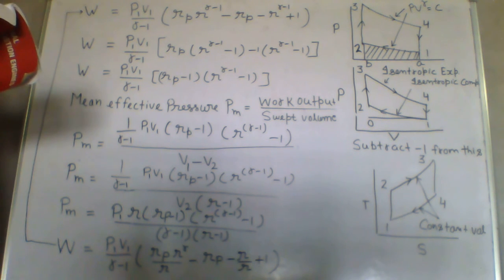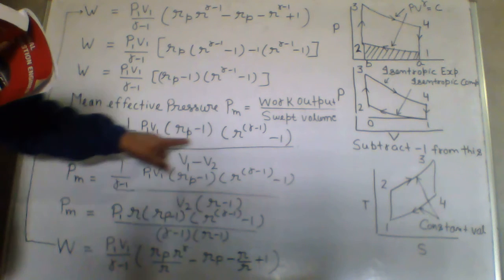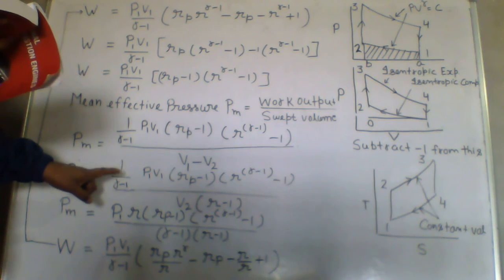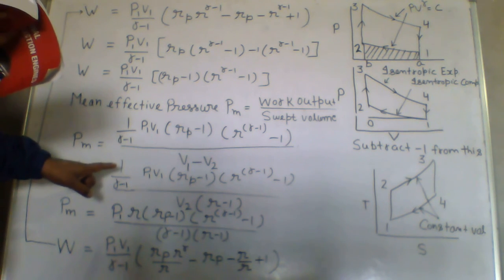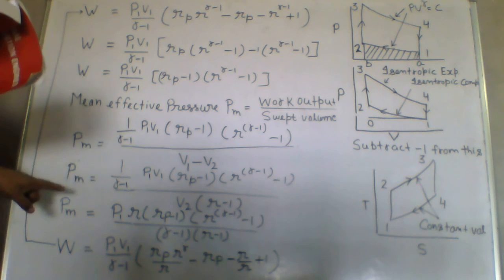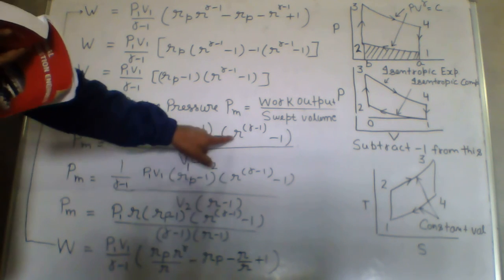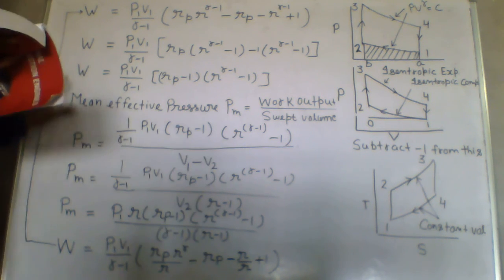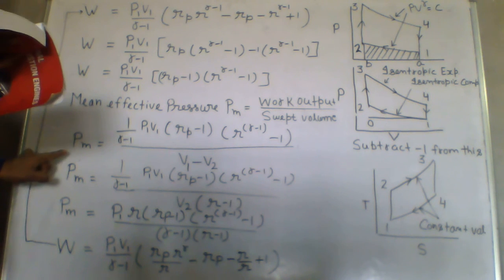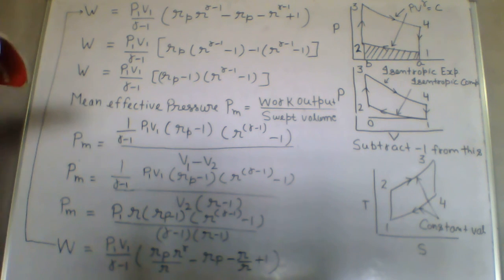For an Otto cycle, an increase in compression ratio leads to an increase in mean effective pressure as well as thermal efficiency. So the higher the mean effective pressure, the higher the thermal efficiency, and the higher the compression ratio, the higher will be your work output and mean effective pressure. So in the next class we will discuss the next topic.